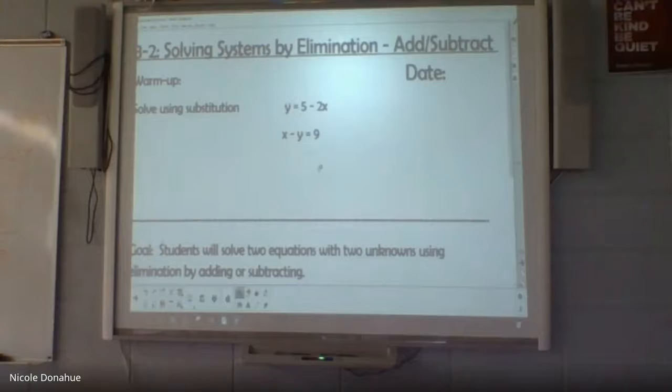So it should be section 3.2. This is the second day of section 3.2, so like 3.2 part 2.